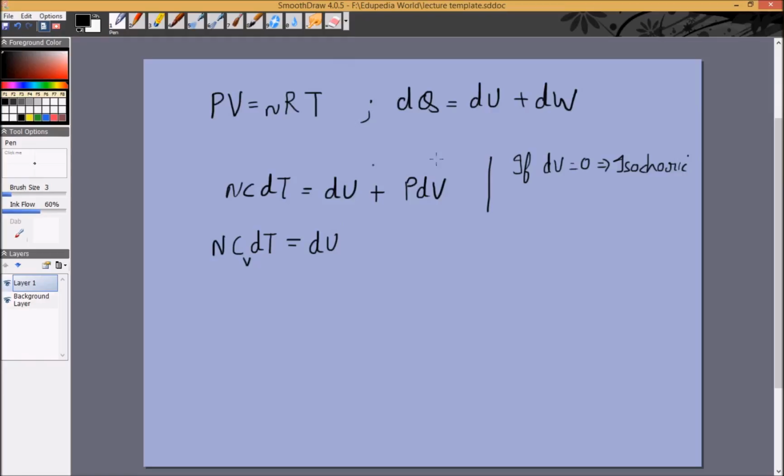That means if you go from, let's say this is the PV diagram, if you take a gas from point A to point B and you take it through many different processes, dU will be the same in all of those processes, because U has a particular value at this point and a particular value at this point. So the change in U will be the difference of those 2 points regardless of how the process was taken. But dW and dQ are path variables, so they do depend on the process.